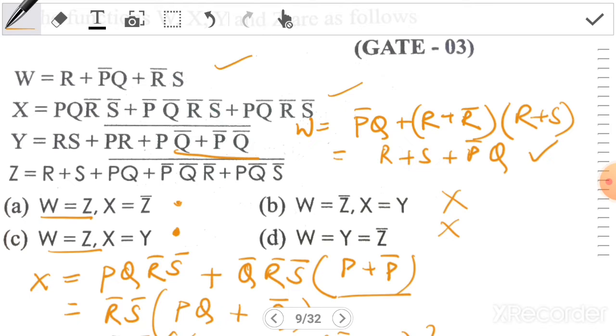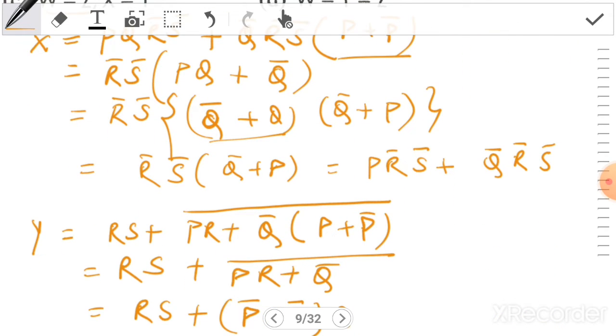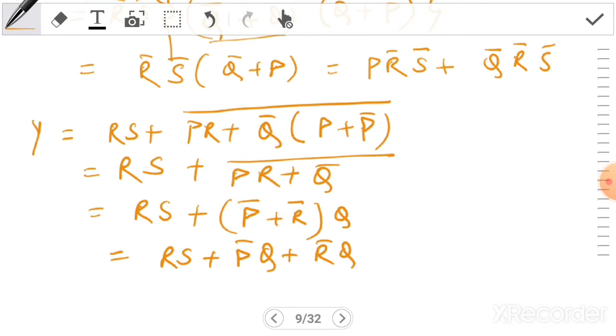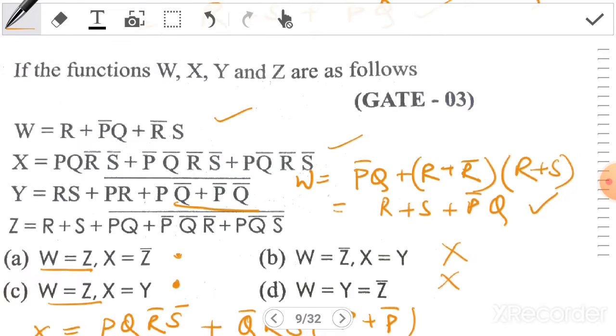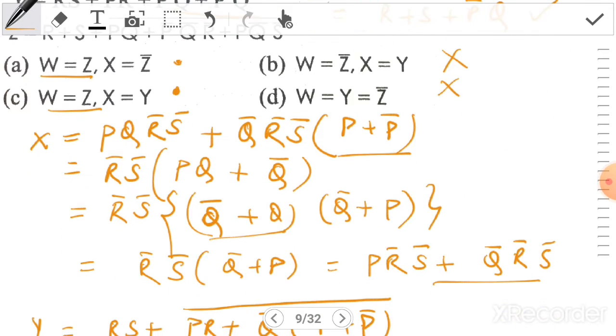So let's check X, whether X is equal to Z complement and X is equal to Y. So let's see X. X is P R complement S complement plus Q complement R complement S complement, and Y is this. So these expressions are not equal. So X is not equal to Y. Now let's check whether X is equal to Z complement.